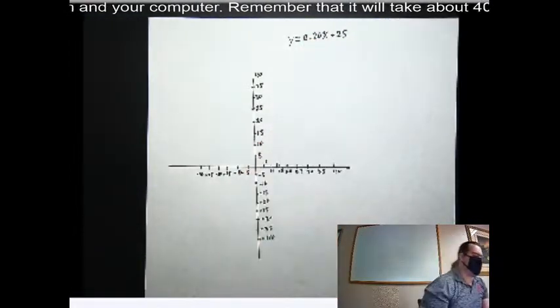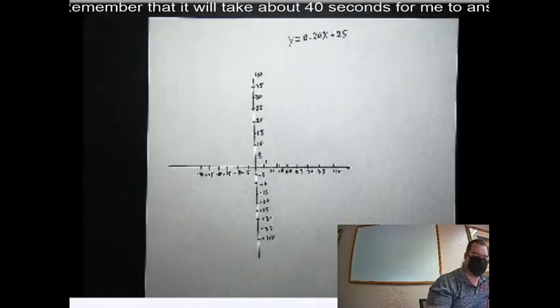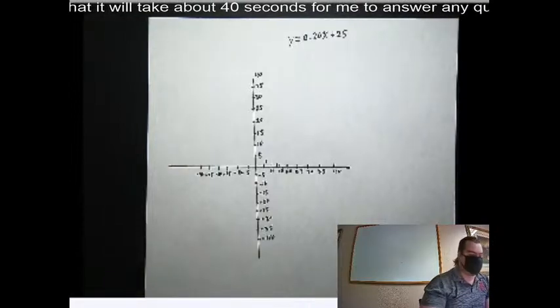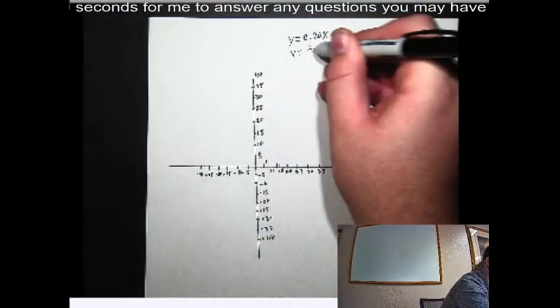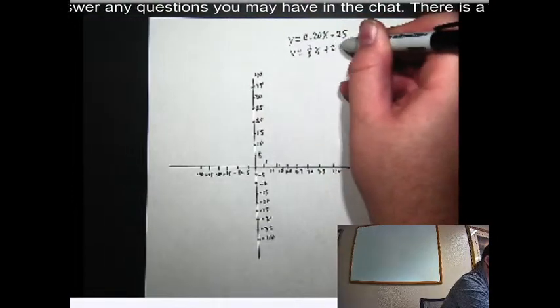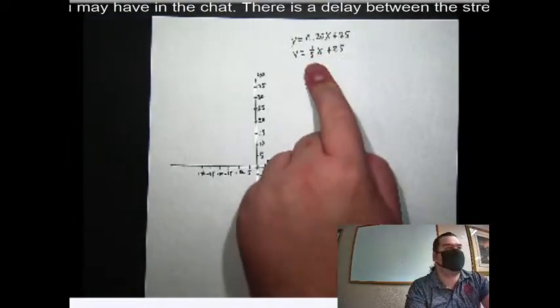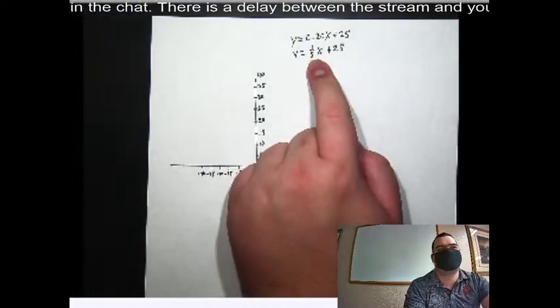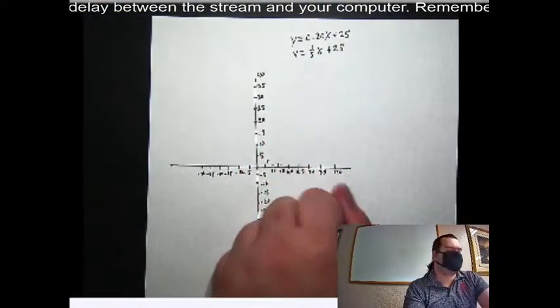So 0.2 as a fraction is 1/5. And the reason we want to translate that into a fraction is because the parts of this fraction tell us how many steps to take on our graph.